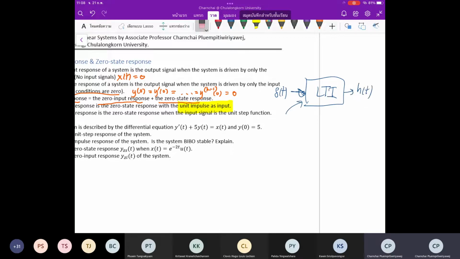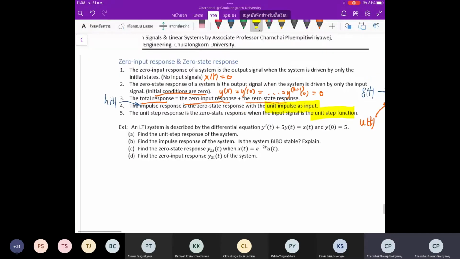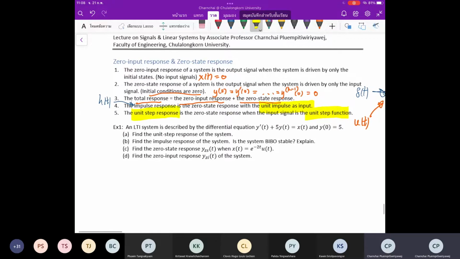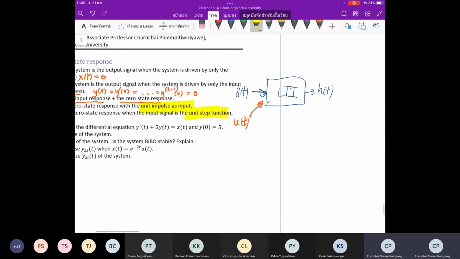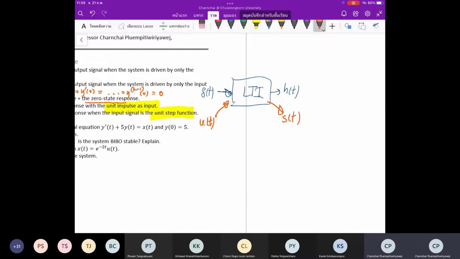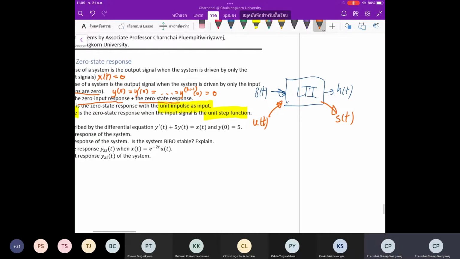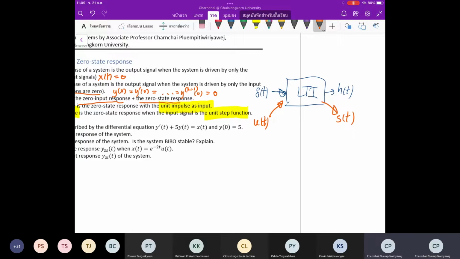If we input the unit step function u(t), the output is called the unit step response, and we use s(t).